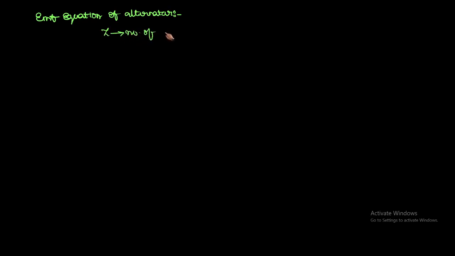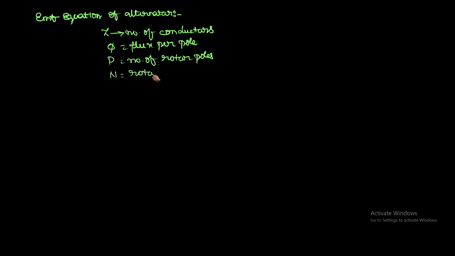Whatever terminology I am using, I am going to write here first. Phi is the flux per pole. P is the number of rotor poles. N is the rotor speed in RPM.